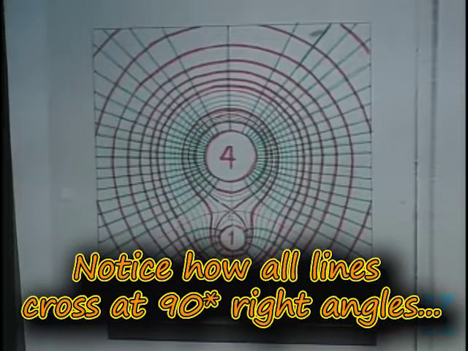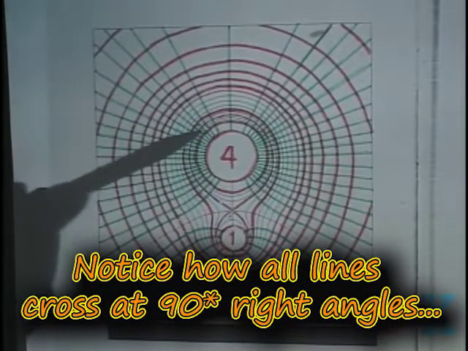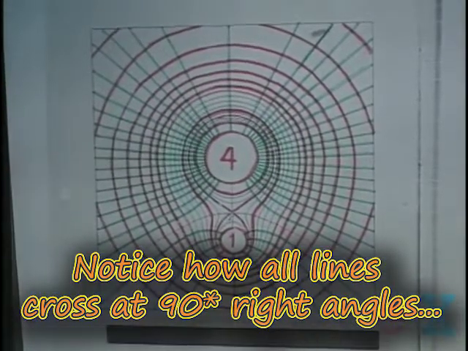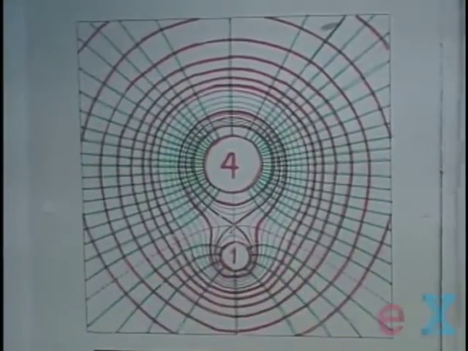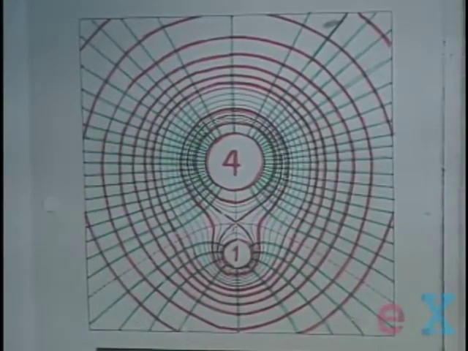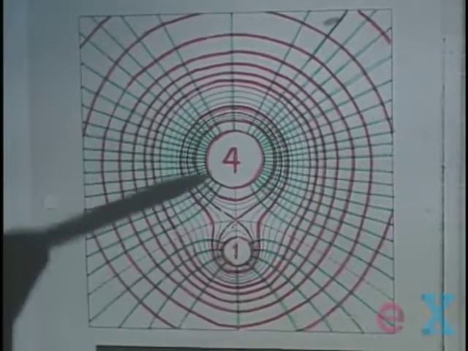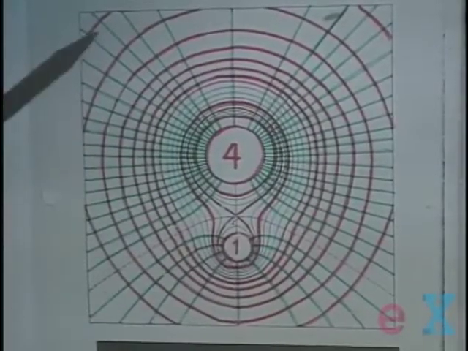I have not drawn all the equipotential surfaces in red because they become too cluttered here. But I've tried to put most of them in red. Since this charge is positive and that charge is positive, everywhere in space, no matter where you are, the potential has to be positive. There is not a single point where it could be negative. If you are very far away from the +4 and the +1, then you expect that the equipotential surfaces are spheres, because it's almost as if you were looking at a +5 charge.